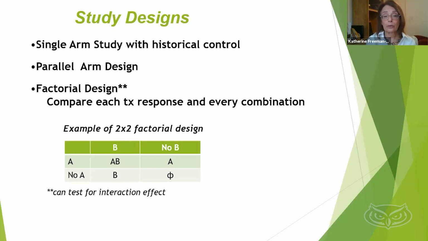And those 4 groups are represented by AB, so certain clinicians are receiving both, B only, not A, and A only and not B.